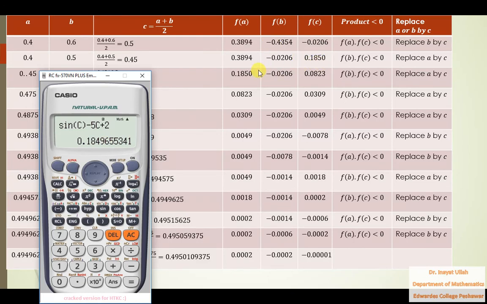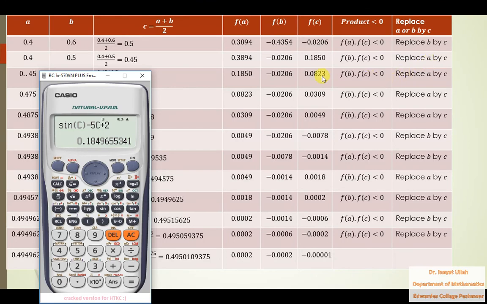Now again we see that the product of f of b and f of c is negative, plus into minus is minus. So f of b into f of c is negative, so a is absent here, so a will be replaced by c. We need to replace a by c.